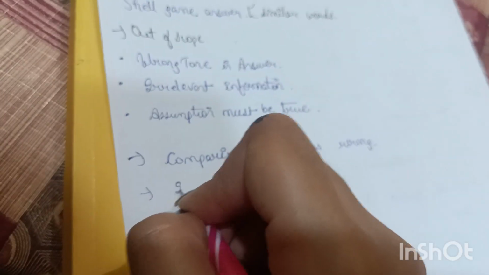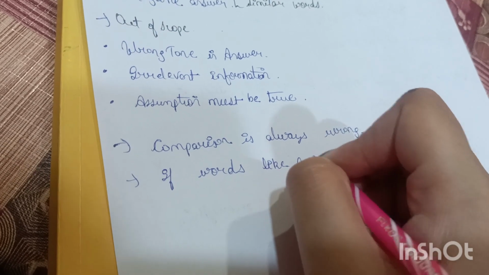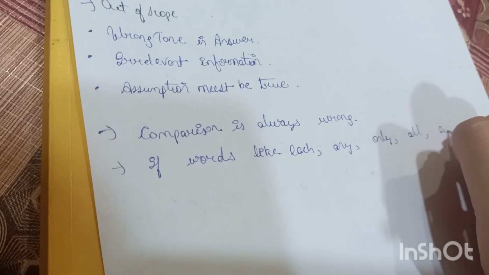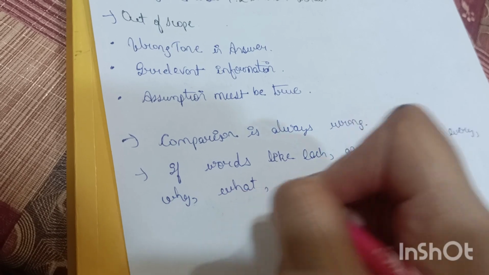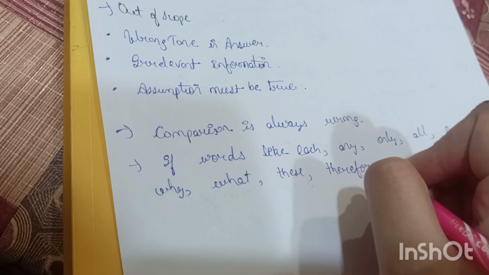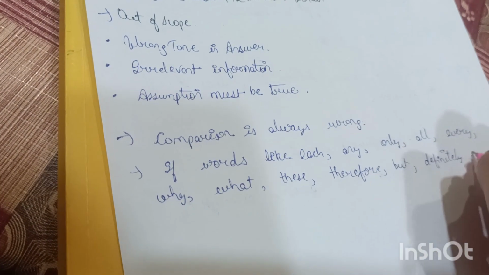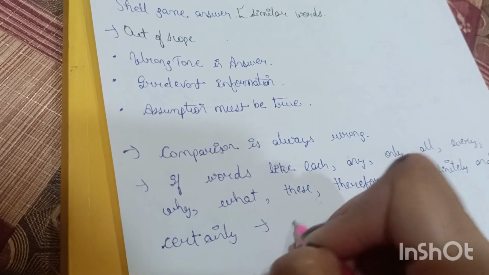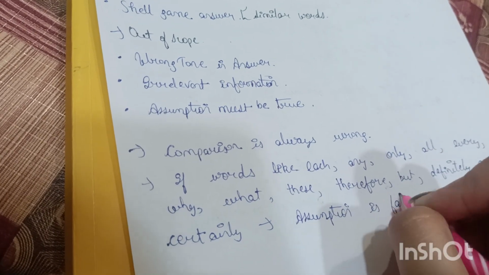Next one is if words like each, any, only, all, every, why, what, these, therefore, but, definitely, and certainly appear, then in this case the assumption is false.